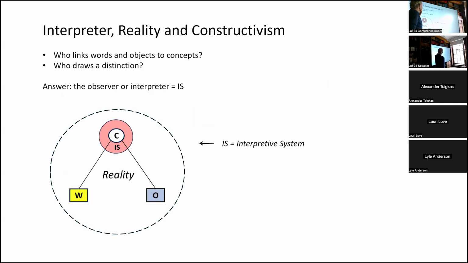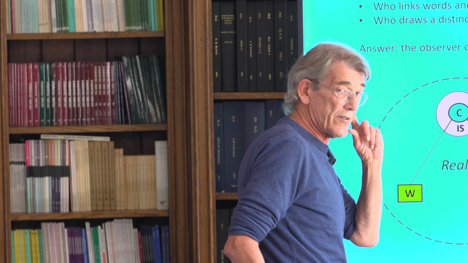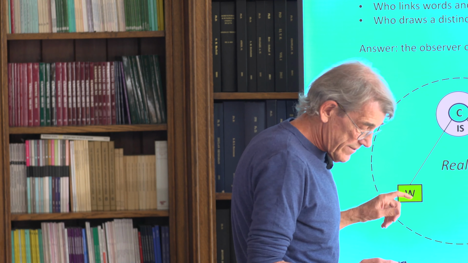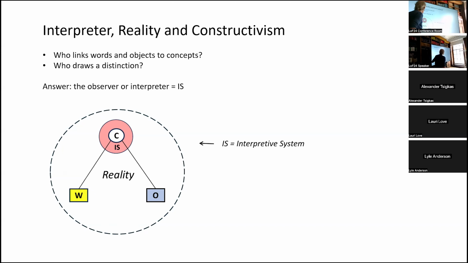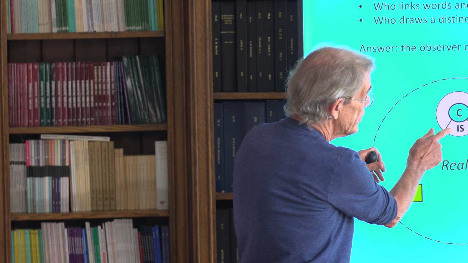There's also the constructivists, you all know them, like Bateson and many others. They say we put these concepts in our heads. And in our heads, that's the next slide. First I show this one. We have here a visualization of reality and interpreter.